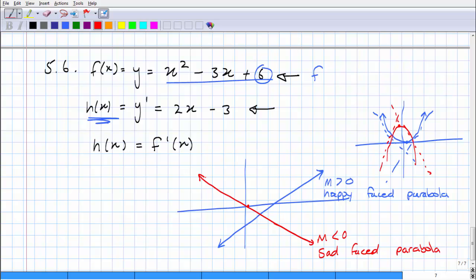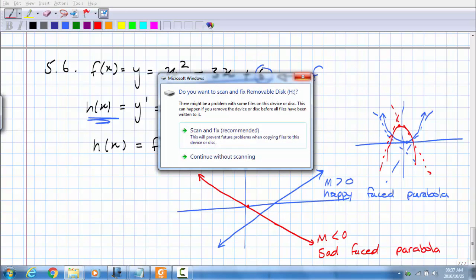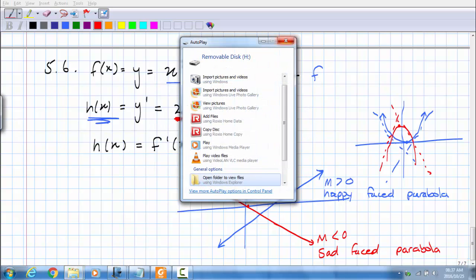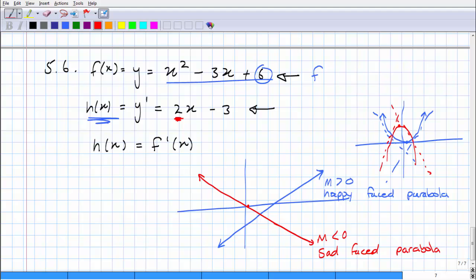So the question was, explain why f of x, or f, has a local minimum. Well, the simple fact that we have a happy face derivative, a positive gradient, tells us that we have a happy face parabola, and a happy face parabola has a local minimum.